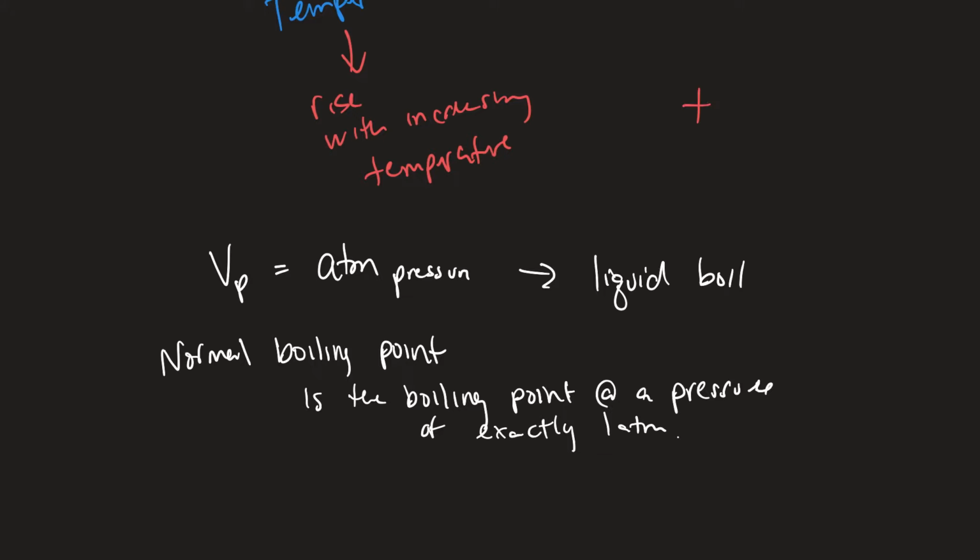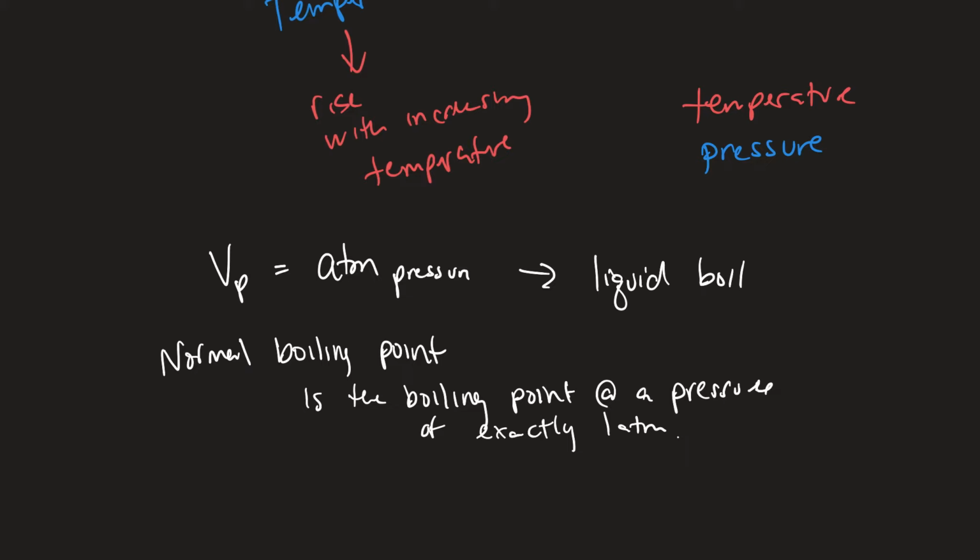And that is true. But another factor that affects the state of something is actually its pressure. You could keep a substance's temperature constant, but if you change the pressure, you could change what state of matter it is in.